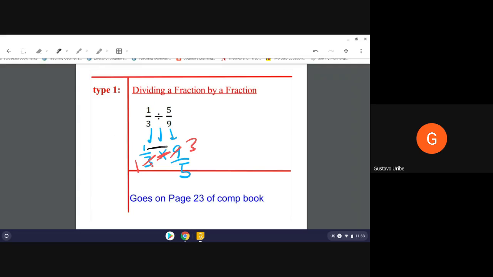So now I'm going to go ahead and just multiply straight across. 1 by 3 is equal to 3 over 1 multiplied by 5 gives you 5. So your answer to this one would be 3/5. This is in simplest form already, so that is your answer.